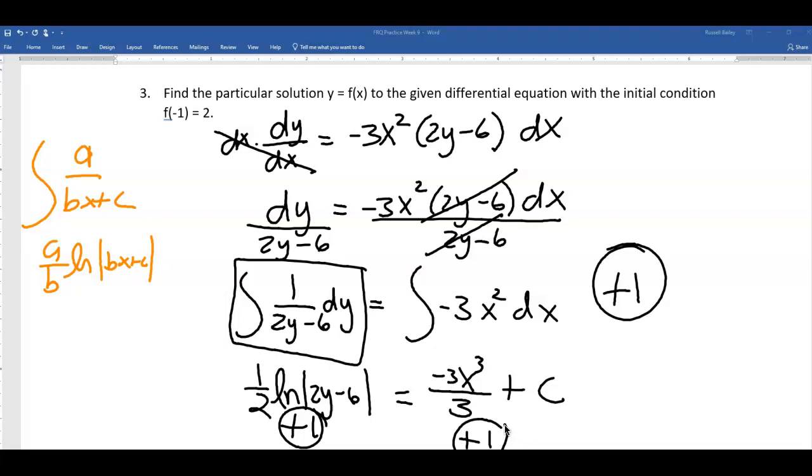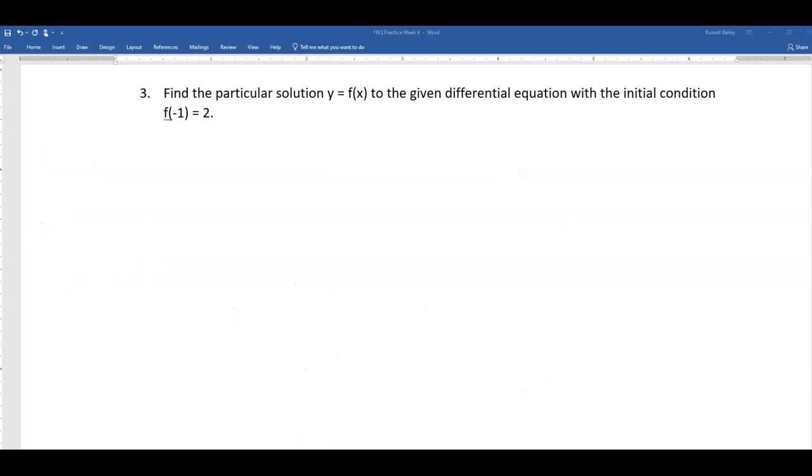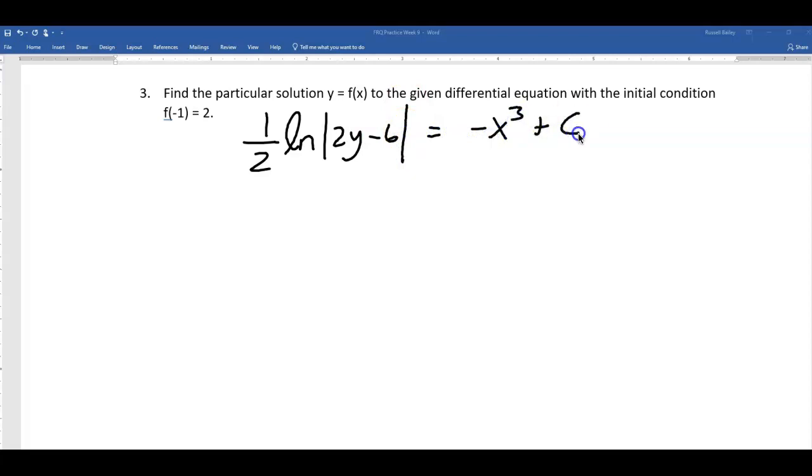So let's do that. I'm going to have to erase because I'm running out of space here. And I'm going to reduce this just to make my life easier. I'm going to cross off those 3's. All right, what am I plugging in for y? 2.